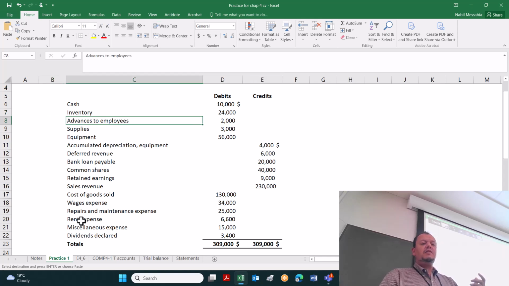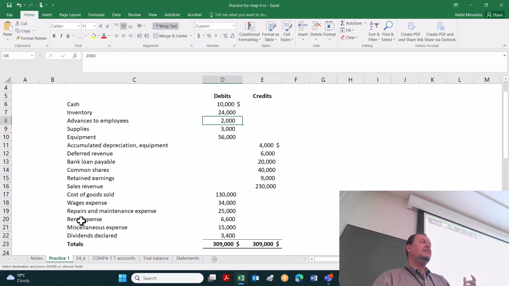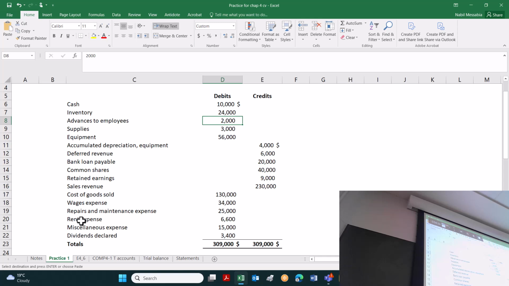So it is about this, the $2,000 advance to employees. How did I recognize this? They say there are some payments that are made in advance. For sure, these payments should be in the trial balance. No way, they have to be there. And if I look at my trial balance, the most appropriate one is this, advances to employees. There have been $2,000 paid in advance to employees, okay?